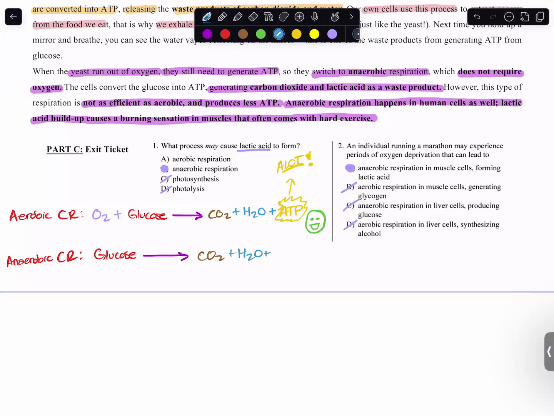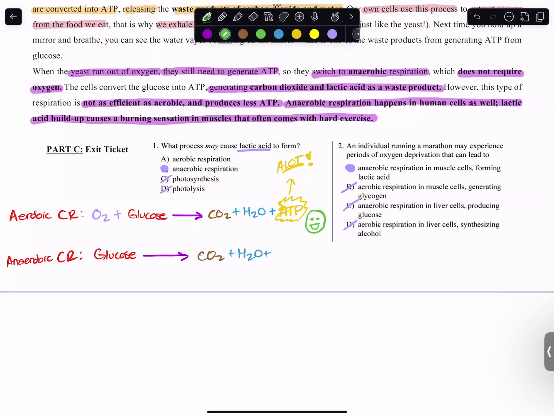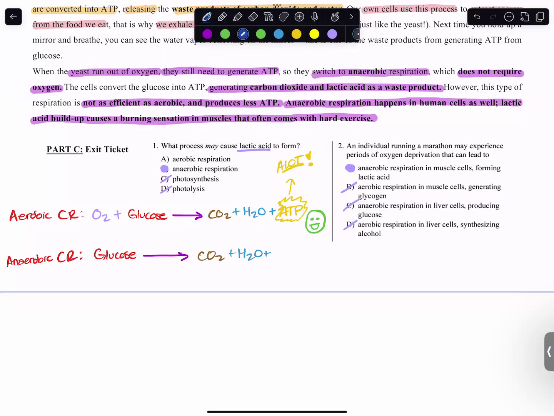But now I'm also going to produce another waste product, which we spoke about before, which is lactic acid. That's a new waste product. I'm also going to produce ATP, but the amount of ATP that I'm going to produce as a result of anaerobic respiration is very little.